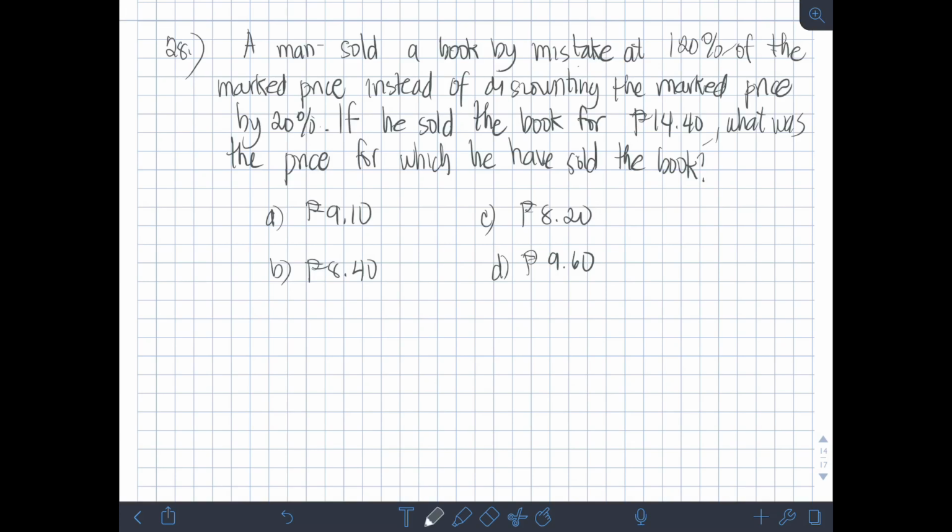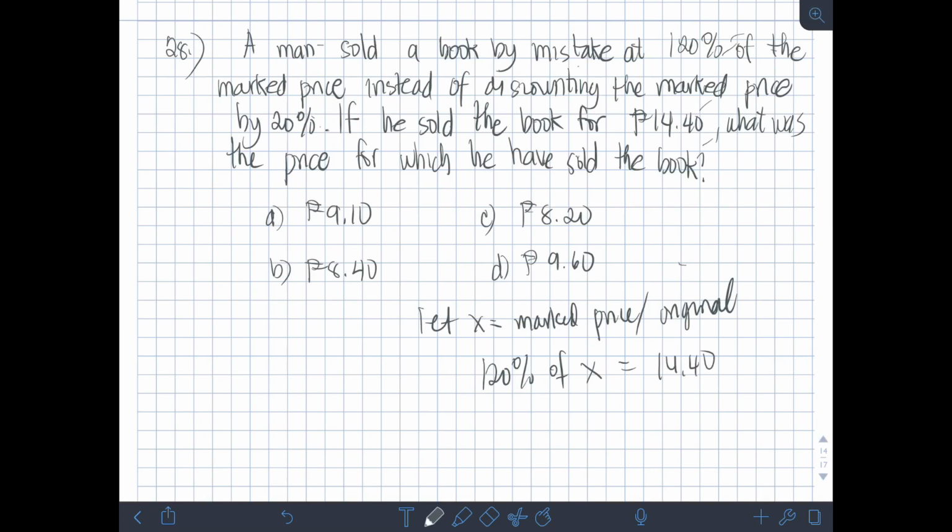So kaya naging 120% times the mark price o yung original price. So ngayon, nung nadagdagan nga ng 20%, ang naging kinalabasang halaga ay 14 pesos and 40 cents. Okay, so kung ile-let x natin be the mark price or the original price without any discount, right? So, we have equation of 120% of x equals 14.40.